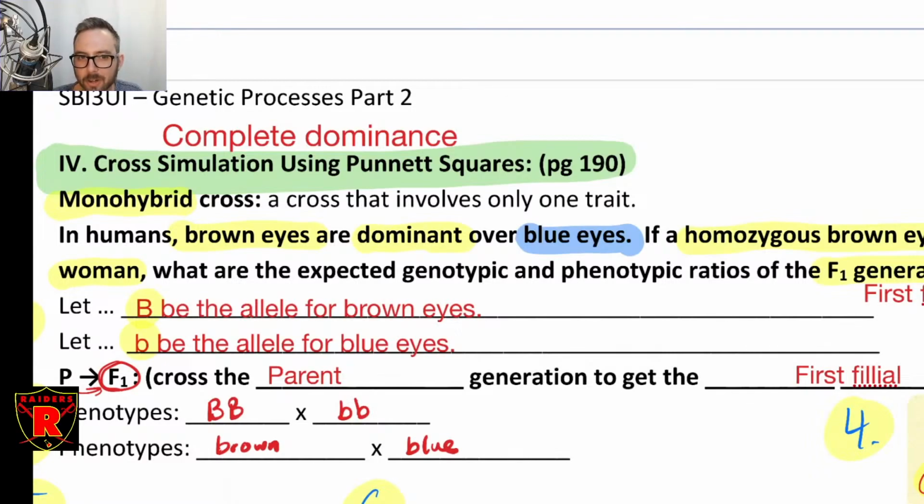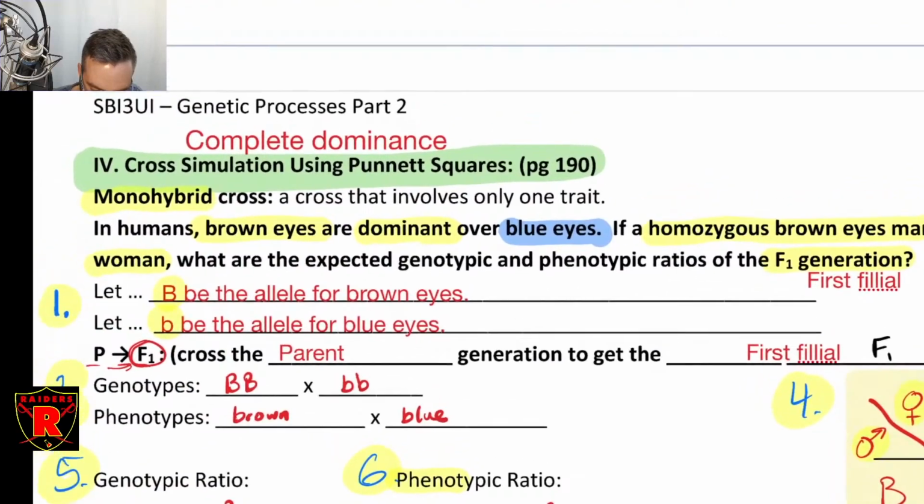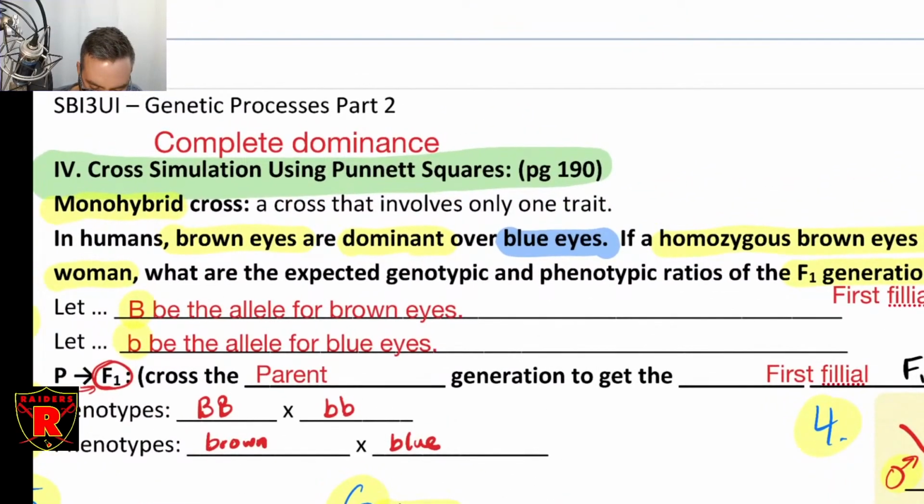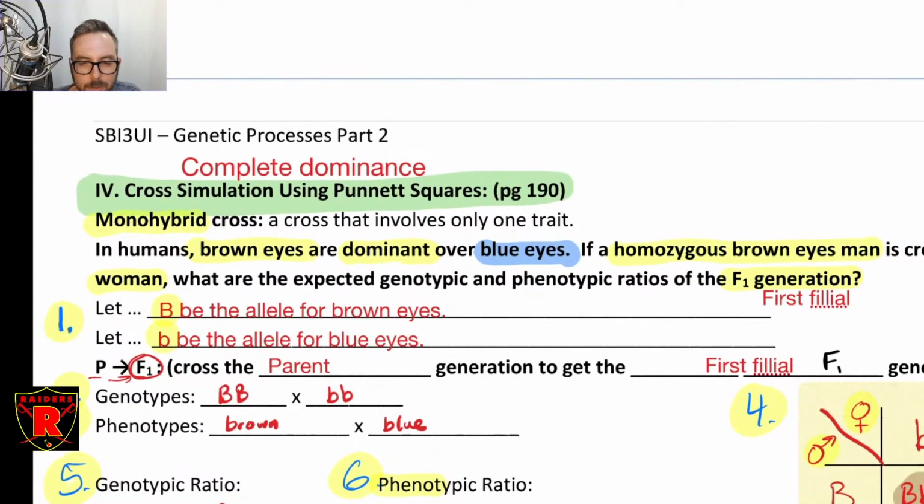All of those things are traits that exhibit complete dominance. So it makes it a little bit easier to analyze. We're going to look at a couple traits here. I'm going to give you some example genetics problems that are solved using complete dominance, or that follow the inheritance pattern of complete dominance.